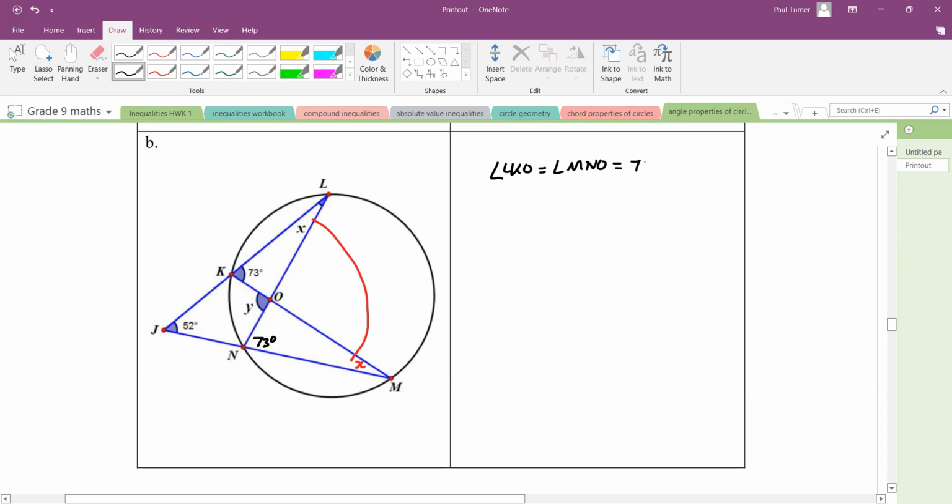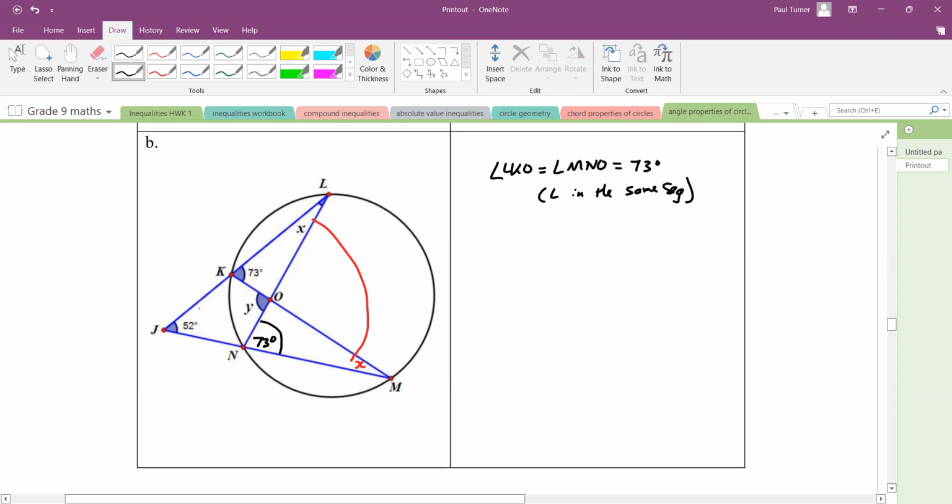And that equals 73. So this is angles in the same segment. So this is 73 down here. Doesn't look like it helps yet, does it?